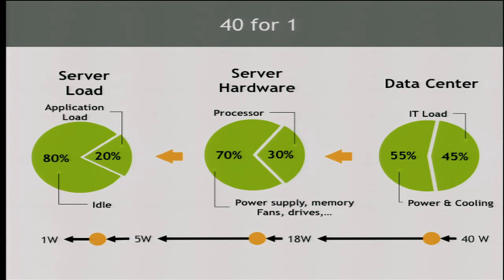The primary reason is the disconnect between the load that you have and the infrastructure that you have built to run that particular load. That infrastructure involves the servers themselves and also the infrastructure that supports the servers, which is the cooling or the power infrastructure.